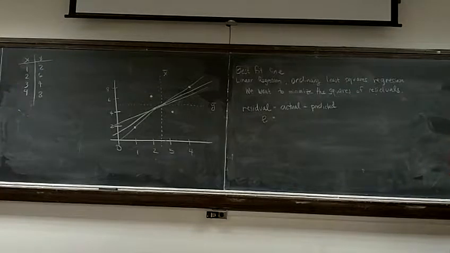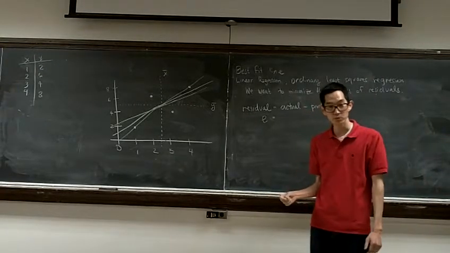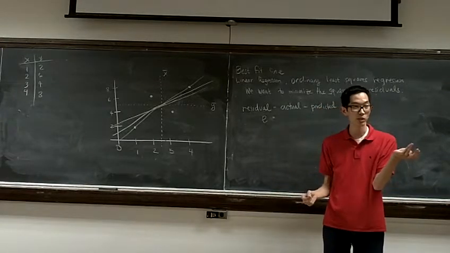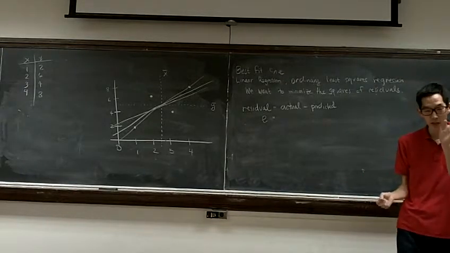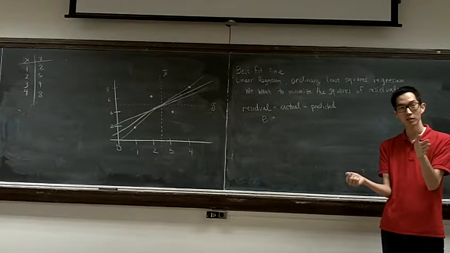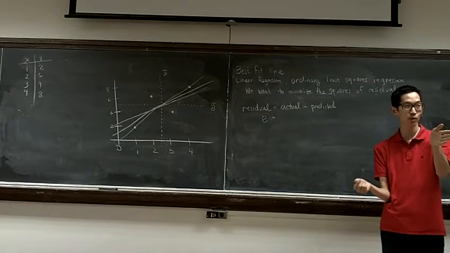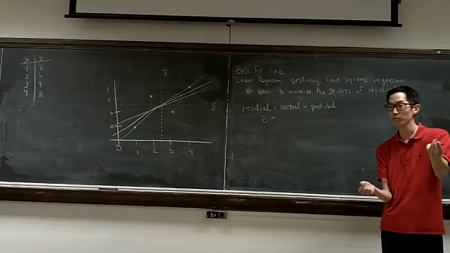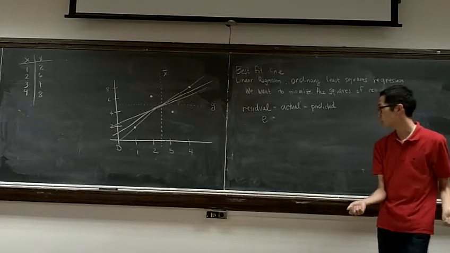So in ANOVA, the residual was the within group variation. It was the difference between each individual lamb and the group mean. Okay, because under that model, the model predicts, if you're in group 1, we would predict you to have this value, which is the group mean. But of course, not every individual has that same value, so that would be a residual.